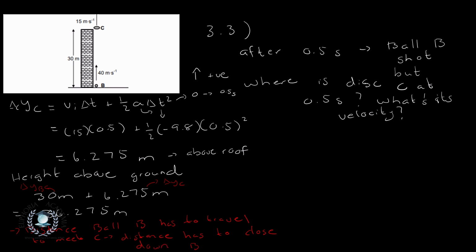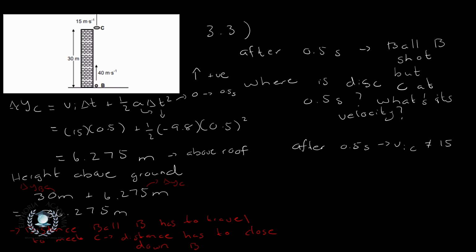Now the question that arises is, how long will it take to close down this distance? And that's essentially what we're trying to find in this question. Okay, so after 0.5 seconds, our VI for our disk C is not 15, right?